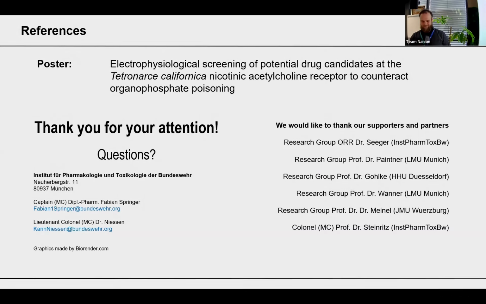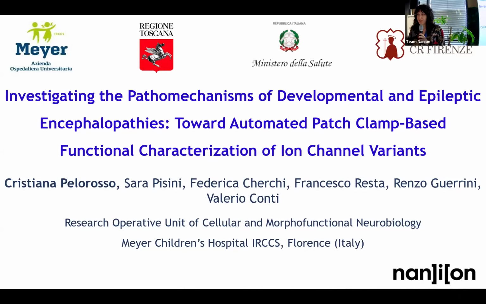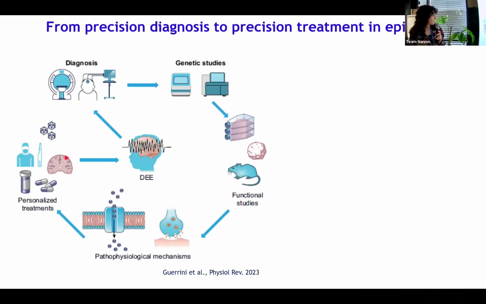Ready for questions. I work at the Meyer Children's Hospital in Florence, and our main focus is developmental and epileptic encephalopathies, which are a severe group of neurodevelopmental disorders that are often associated with drug-intractable epilepsy.